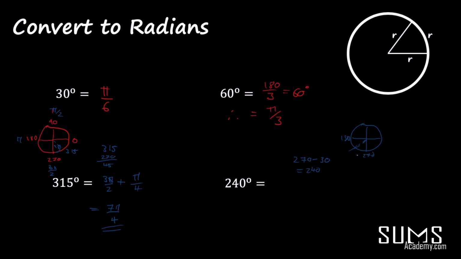So I want something that is 30 degrees less than this. But we're not working in degrees, we're working in radians. So this is going to be 3 pi over 2 for this position here, minus whatever 30 degrees is in radians, which we know is pi over 6 from over here. All you need to do is take the two apart. This becomes 9 pi over 6 minus pi over 6, which is equal to 8 pi over 6, which is equal to 4 pi over 3.